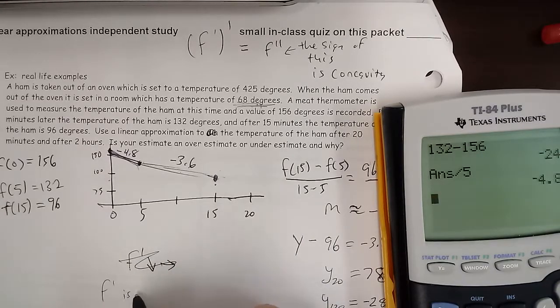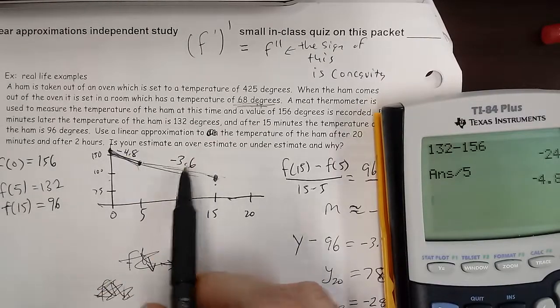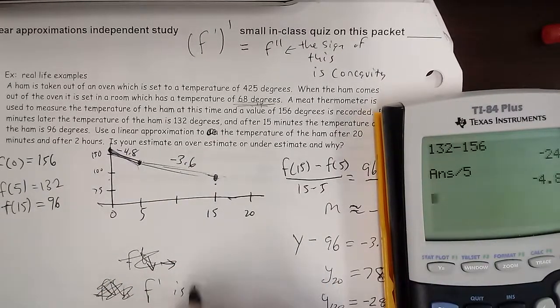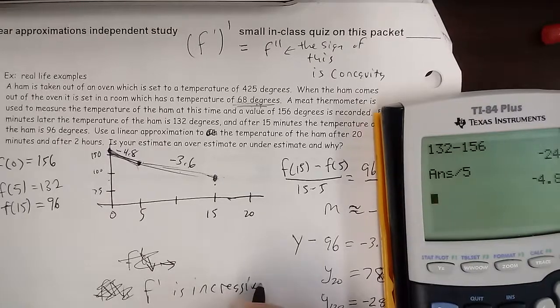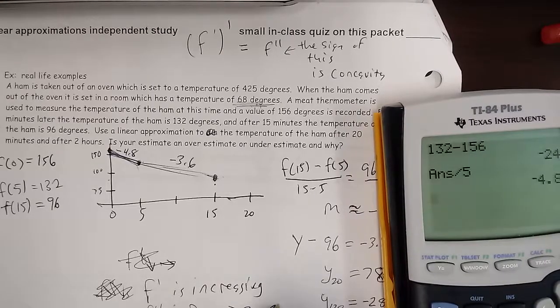F prime is decreasing. Hey, F prime's not decreasing. F prime went from this negative to a higher negative. F prime is increasing. That tells me that F double prime is positive, which tells me concave up.